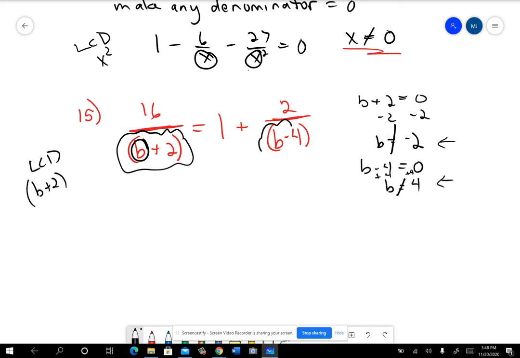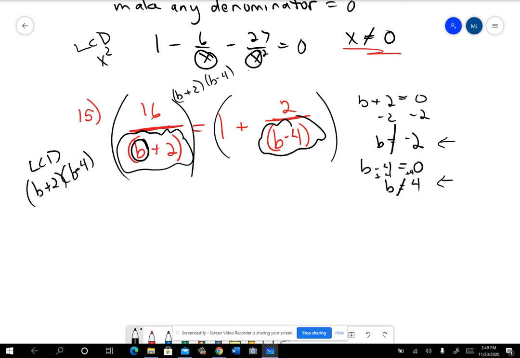To get rid of this guy, I'm going to need a b minus 4. So my LCD would be b plus 2 times b minus 4. I'd have to have both of those. Okay? So here's what I'm going to do. I'm going to multiply both sides by that b plus 2 times b minus 4. I'm going to do that on both sides.